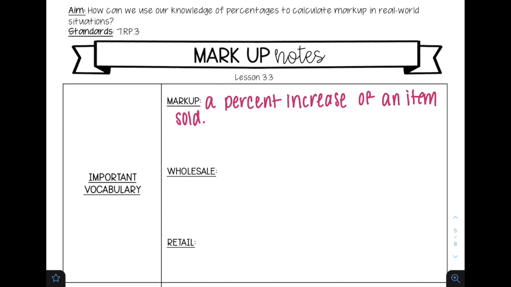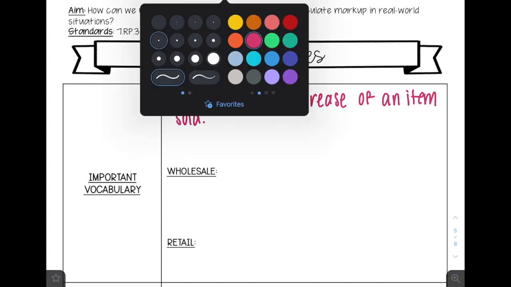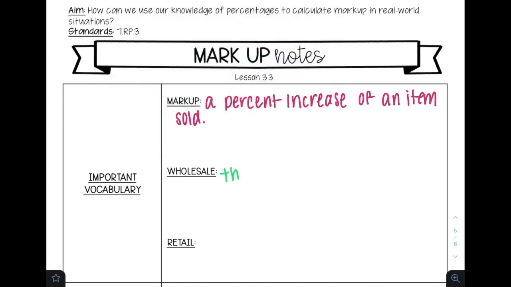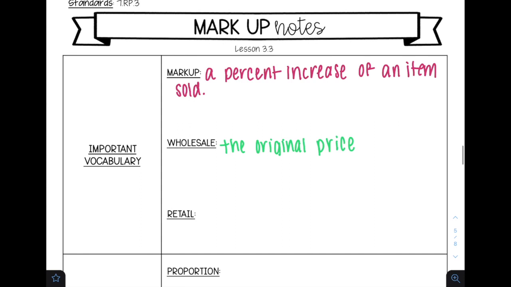Wholesale is the original price. So if a store buys an item, that is the wholesale price. And then the retail price is how much they're selling the item for in their store.